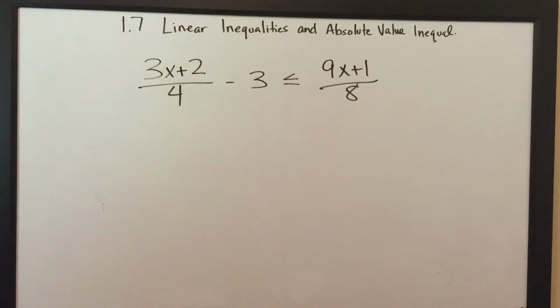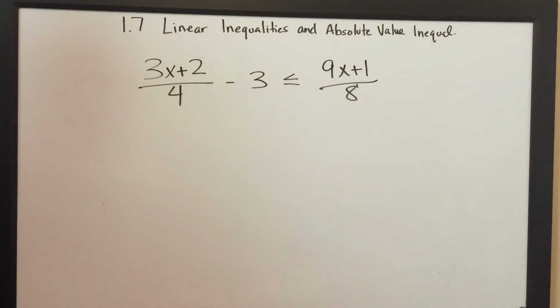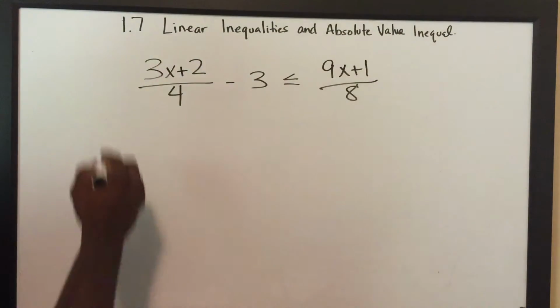If we take that, once again, we have a fraction. First thing we do is find what? The LCD. We know the LCD of 8 and 4 is 8.